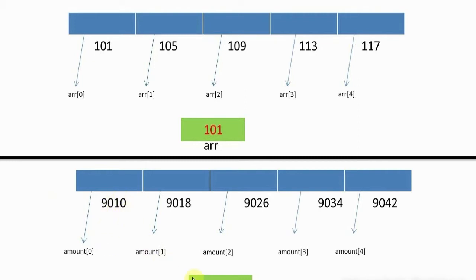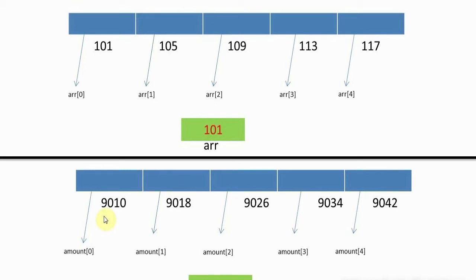Because the array name is amount, when I declare this array, a pointer variable with the same name, amount, would be automatically created in the memory, and that will be assigned the base address. It could be anything; I have just assumed that it is 9010. So this pointer variable with the name of the array would be containing this base address.